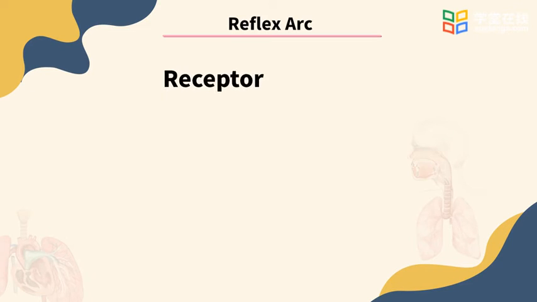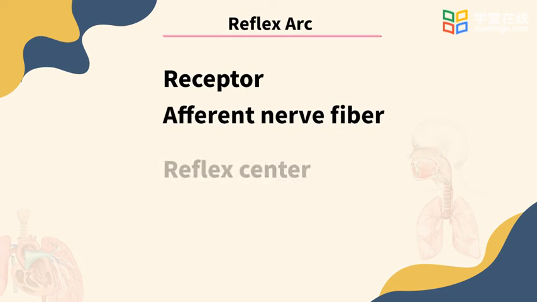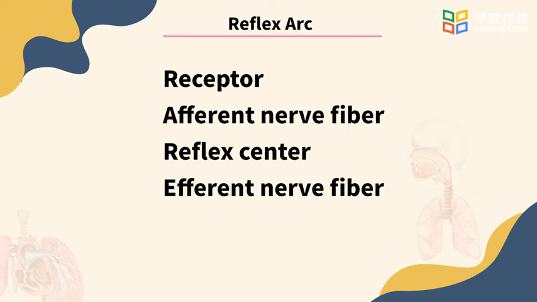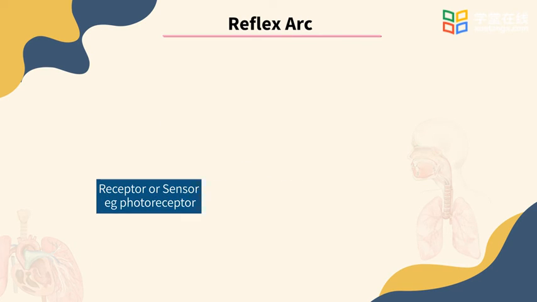A simple reflex arc consists of 5 essential components: receptor, afferent nerve fiber, reflex center, efferent nerve fiber, and effector. Receptor is the sensor of the reflex arc. Receptors detect a change, the stimulus.